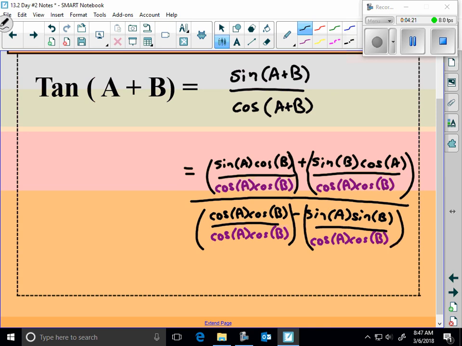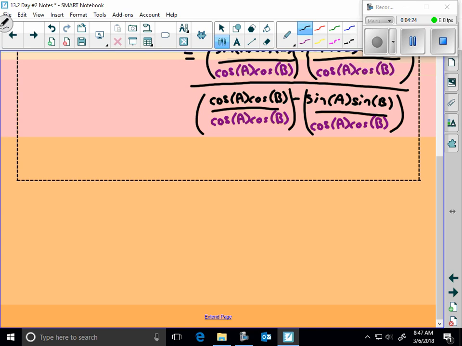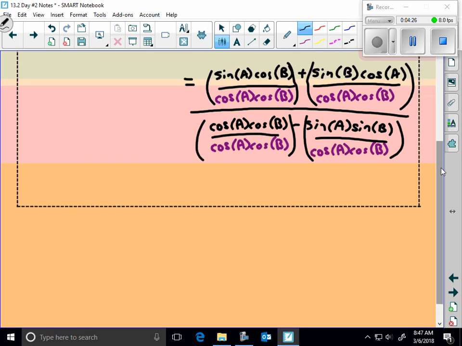Okay, so let's analyze this. On the top left portion, you'll see that cosine B cancels with cosine B. That leaves us with sine A over cosine A, which is tangent of A. Up here in the top right, we'll see cosine A cancel with cosine A. I get sine B over cosine B, which is tan B. Down here in the bottom left, everything cancels.